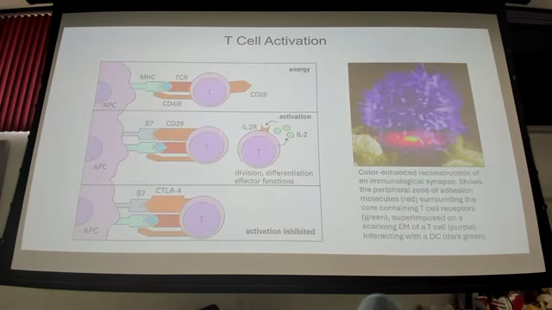And then this cartoon hopefully should be pretty accessible because we've talked about a lot of this stuff, but a couple things. Let's start with this middle figure and what's going on here. This middle figure is representing what should happen when you have a successful handshake. So what that looks like is you have our APC and our T cell.